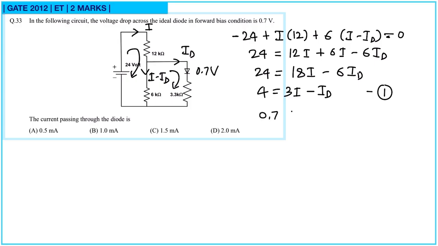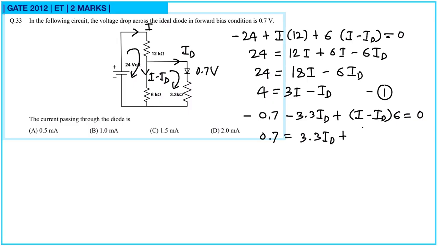So this 0.7 volt, it will come across this two. So 0.7 volt minus 0.7 volt minus 3.3 into current ID plus I minus ID into 6, that will be equal to 0. So 0.7 volt is equal to 3.3 ID plus 6 ID minus 6I.